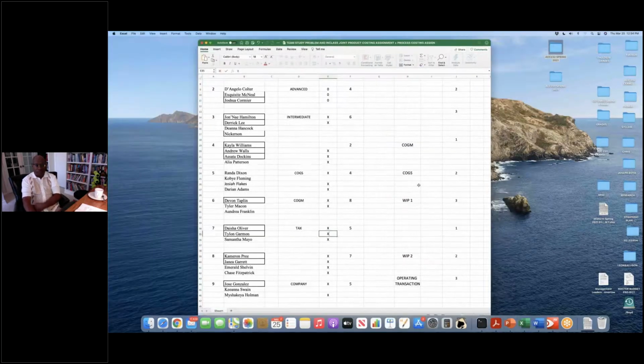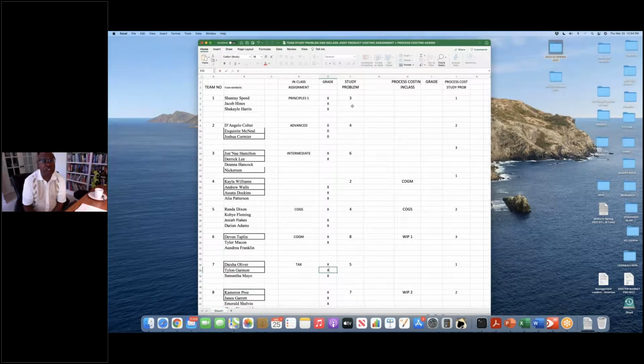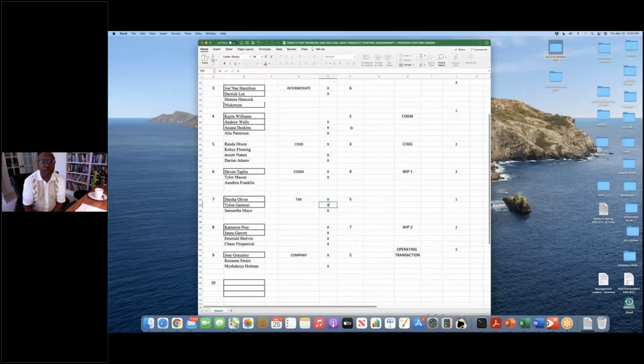It's in course content, in this spreadsheet, showing your study problem that's due for this chapter, and I'll probably delay it.